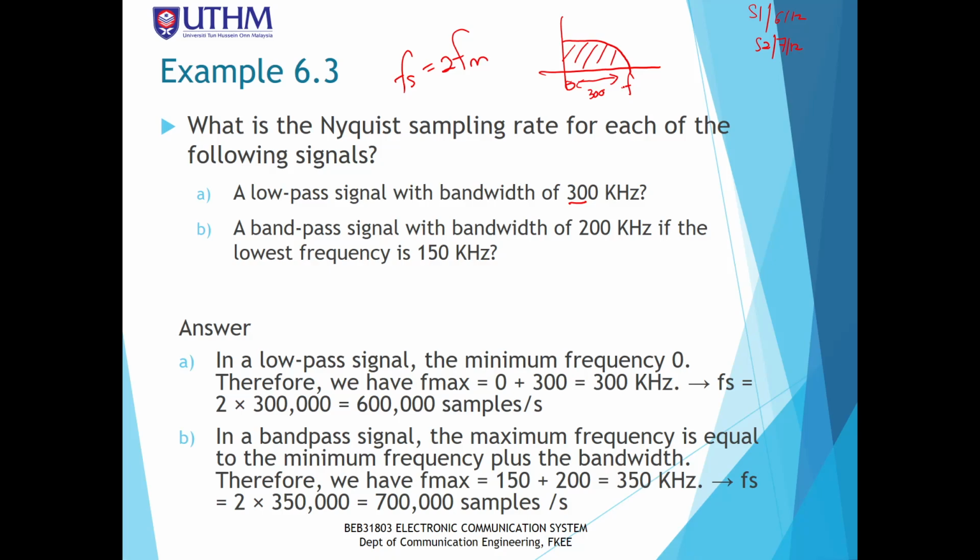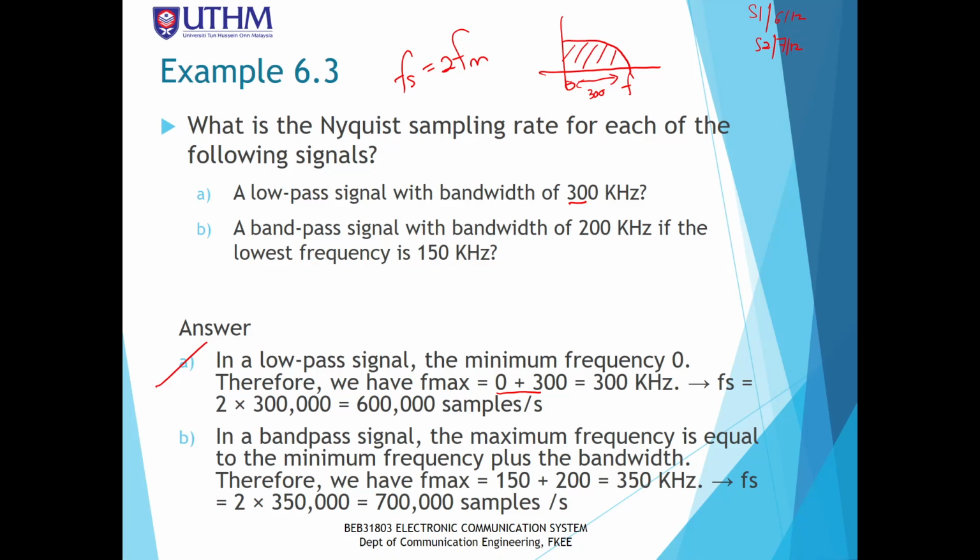You see that the first solution, in a low pass signal the minimum frequency is 0. And from 0 we already been given in the question that the bandwidth is 300 kilohertz. So therefore the maximum frequency is of course 300 kilohertz.